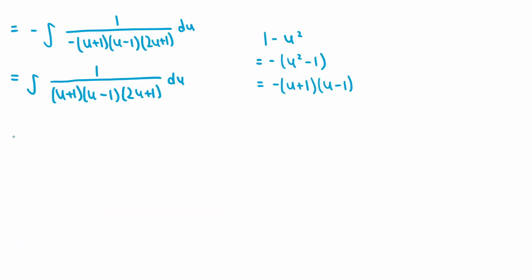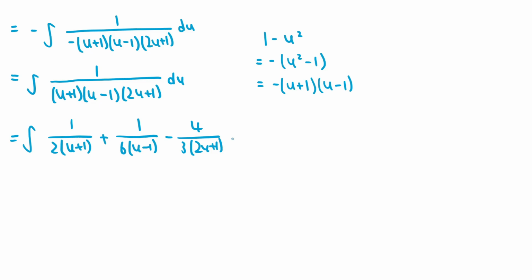So we can rewrite the integrand as 1 over 2 times u plus 1 plus 1 over 6 times u minus 1 minus 4 over 3 times 2u plus 1.